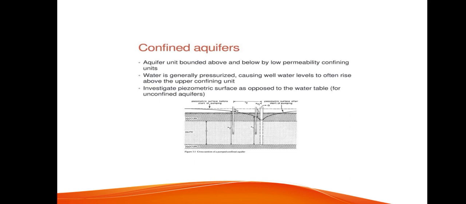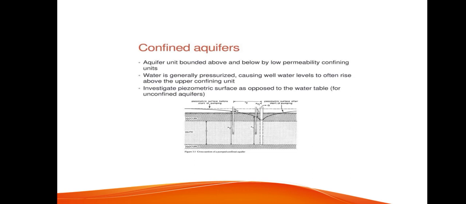So when water is pressurized in a confined aquifer, it means that the water within the aquifer is under sufficient pressure to cause the water level in wells drilled into the aquifer to rise above the confining unit. This phenomenon is also known as artesian conditions.